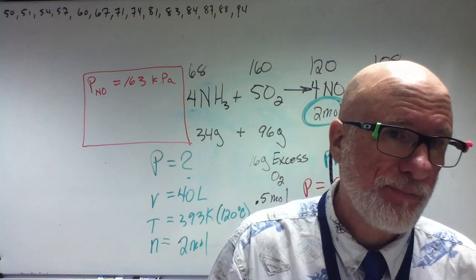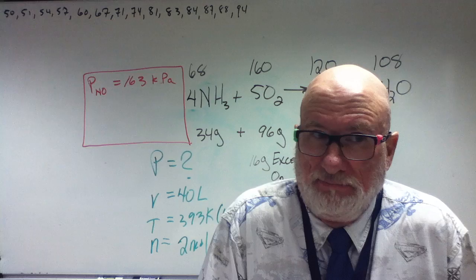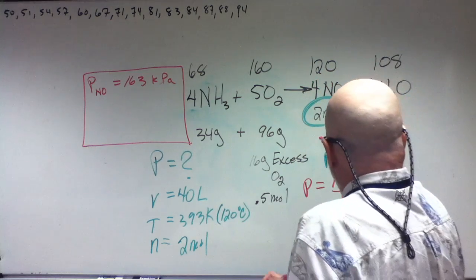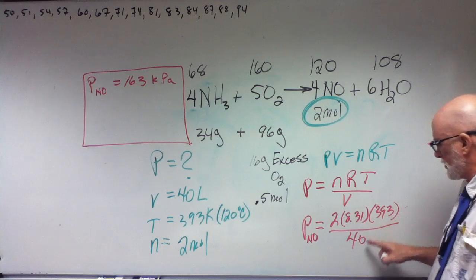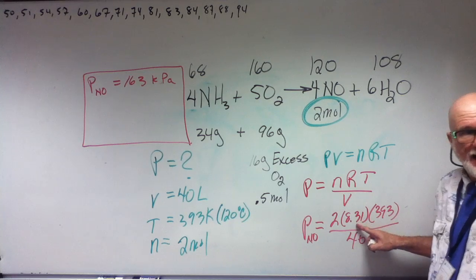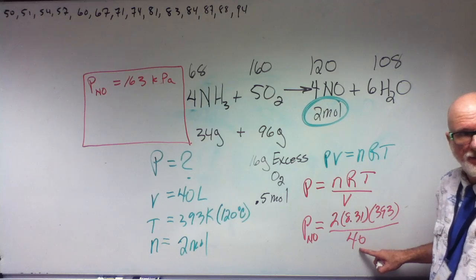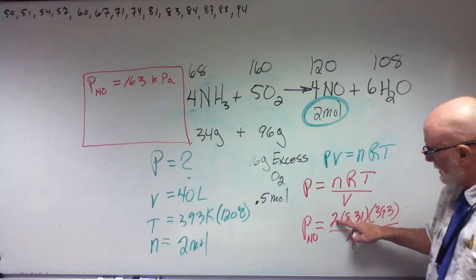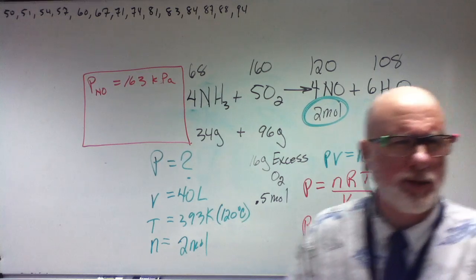How do you know? Oh, it's the 0.5 mole. Aren't these values going to be the same? That value and that value, aren't they going to be the same? Yes or no? Yes. Okay, so we can do partial pressures, but do we need to?